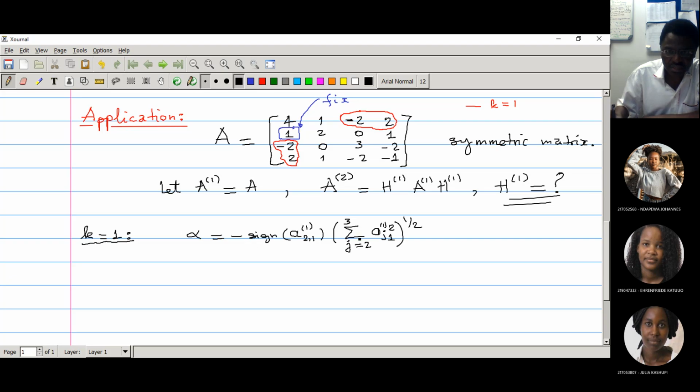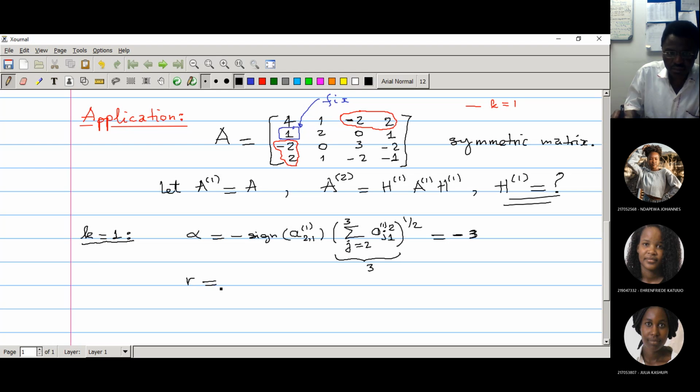Square root of 9 is 3. So all this will be 3, right? And this A_{21} point is positive, so it will be negative 3. Is that clear? Is it clear that negative 3? Okay, if you don't understand, let me know.